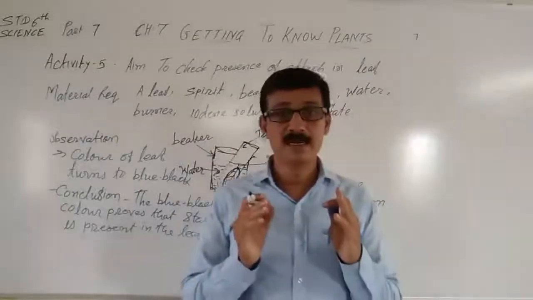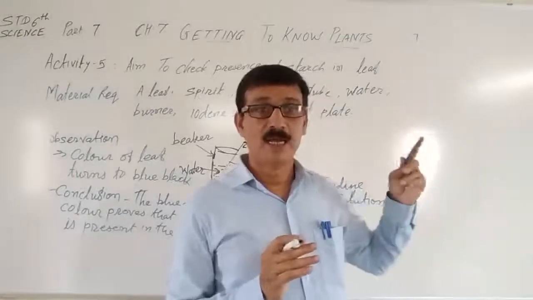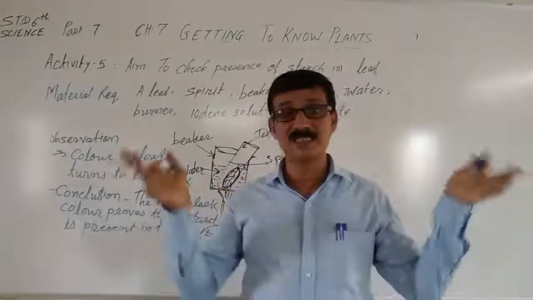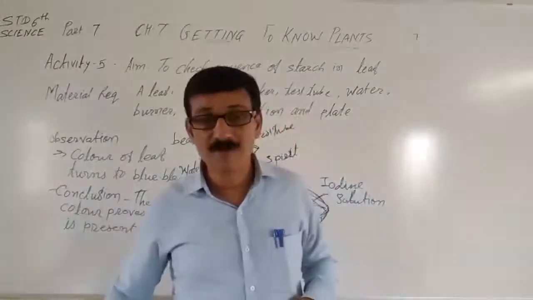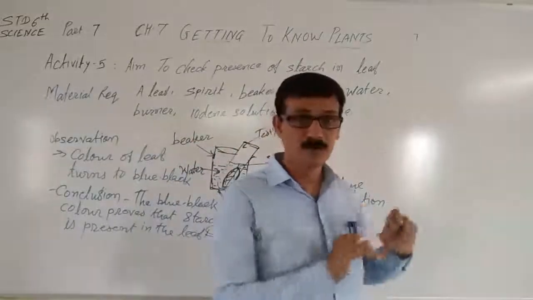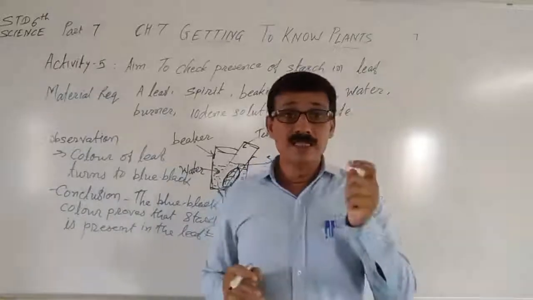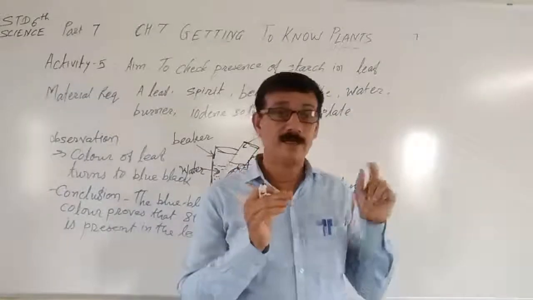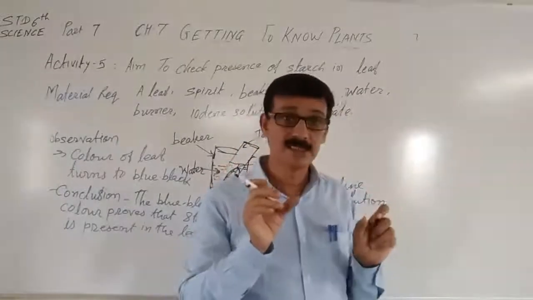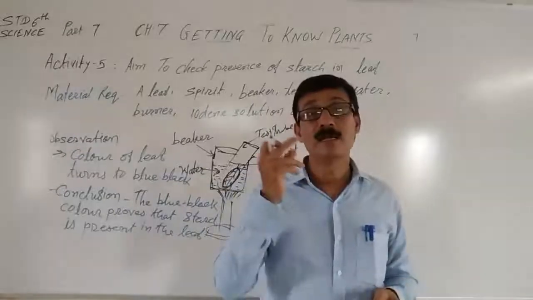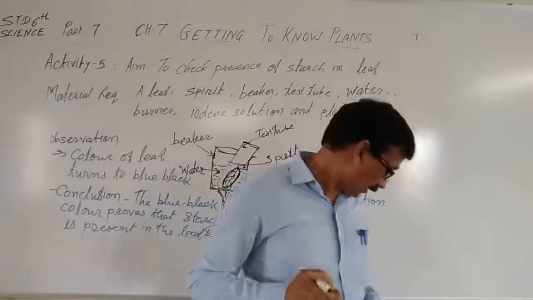Leaves prepare food in the presence of sunlight, the carbon dioxide present in the atmosphere, and water. Water comes from the root through the stem to the leaves. So in the presence of sunlight, carbon dioxide plus water will prepare starch, or we can say carbohydrate, and oxygen, isn't it?